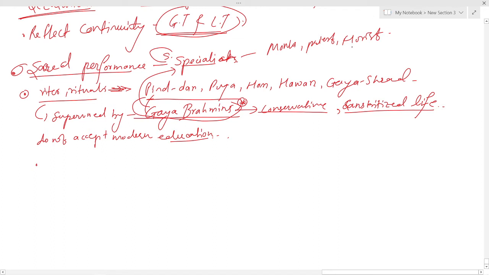Now within this universe there is always diffusion of Indian tradition, and when a person visits a sacred place, he carries back with him certain practices.